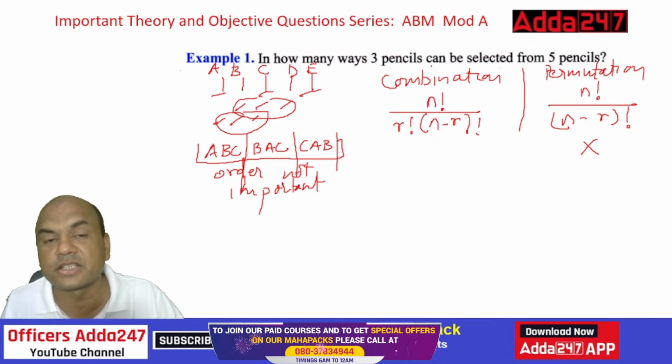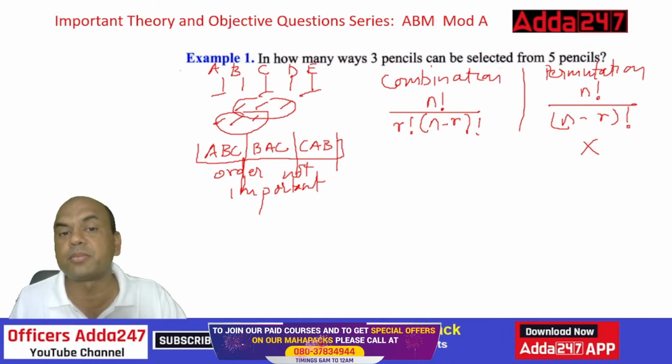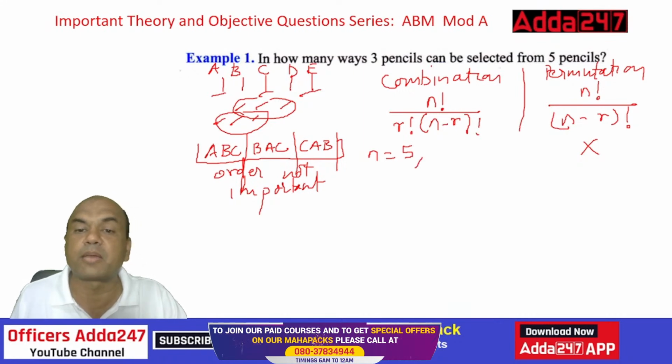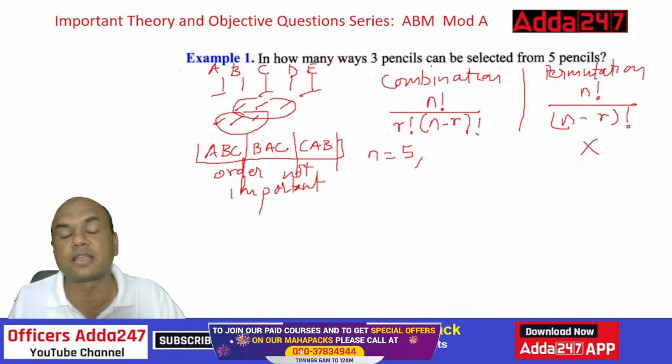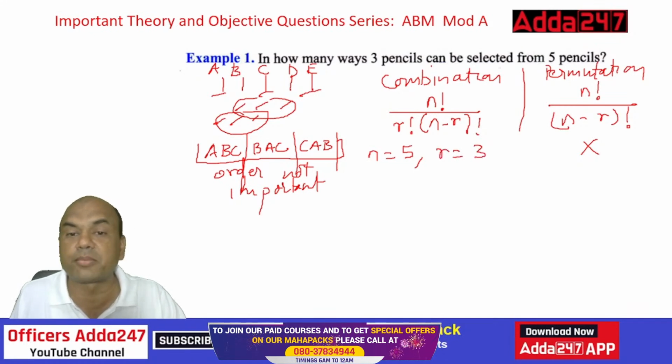Whether pencil A is first or B is first or C is first, is not asked. So I'll use the combination formula. What is n? n means total number of pencils. So n equals 5. What is r? r means the success required by me. So r equals 3, because 3 pencils are required.